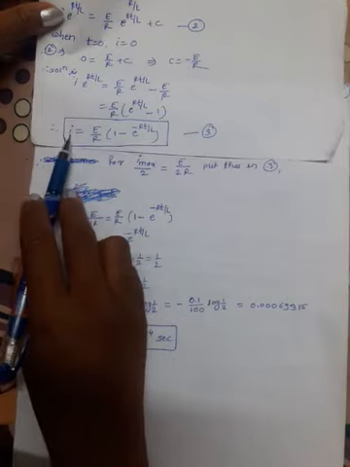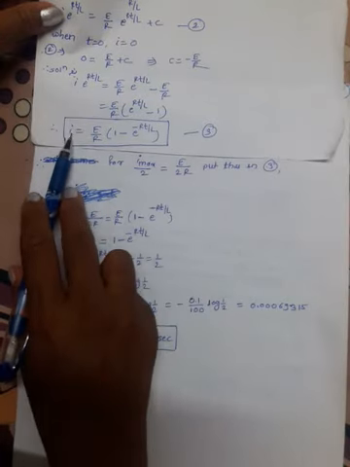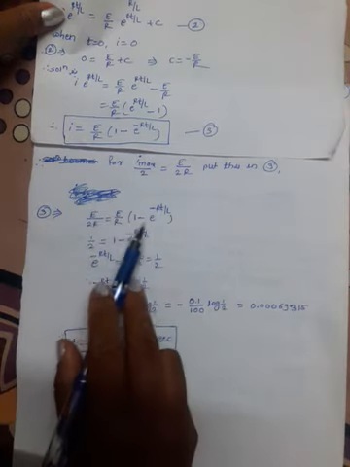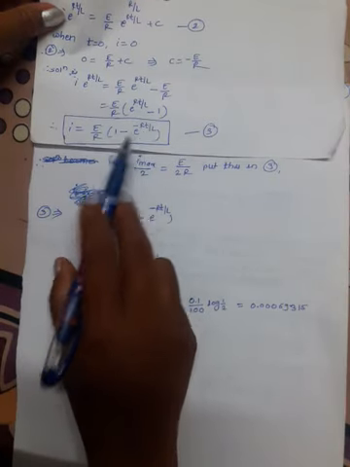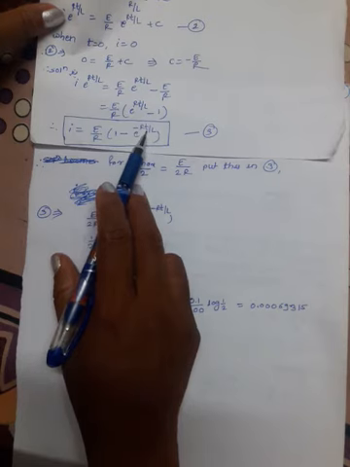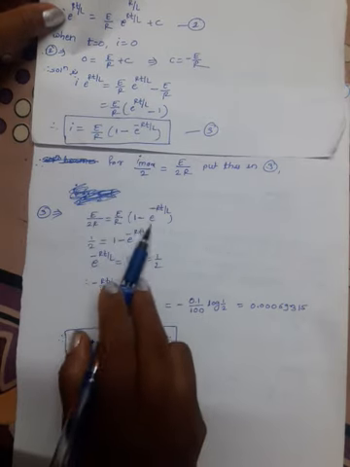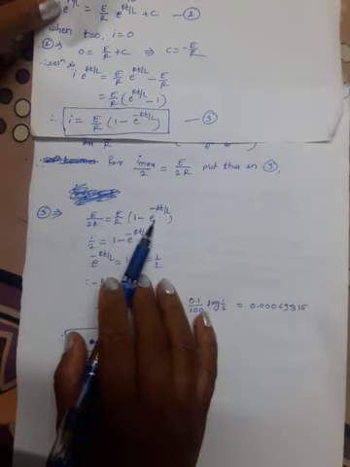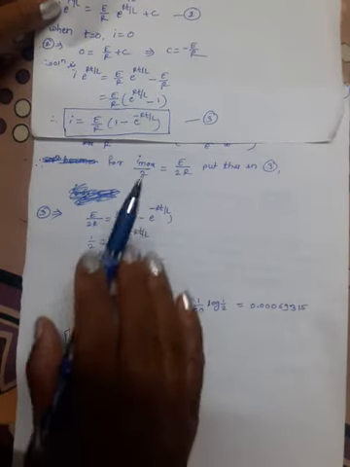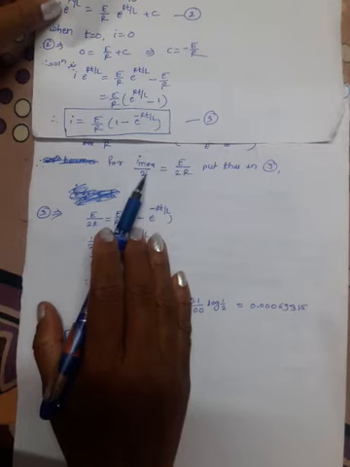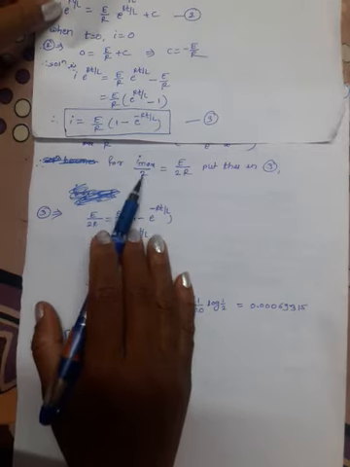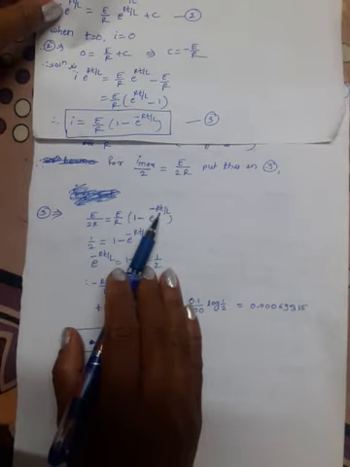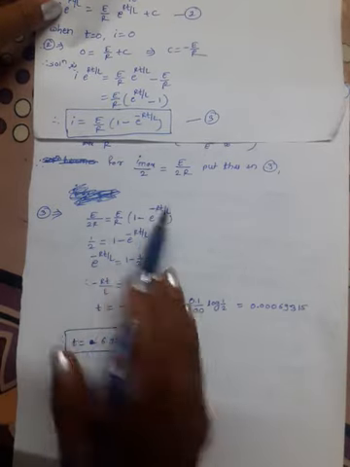Half of the maximum, E upon 2R, is equal to E by R into (1 minus e raised to minus RT upon L). We cannot put a value of time, because we have to find that. We are putting here half of the maximum current value, and corresponding to that we have to find out time. Now from this equation we have to find t, small t.